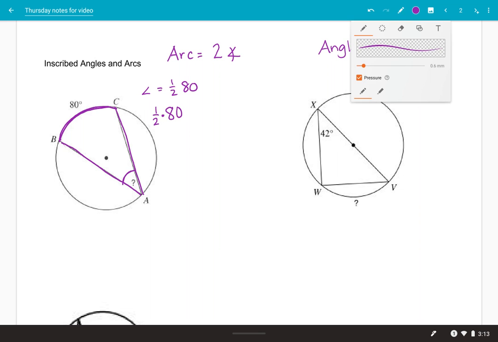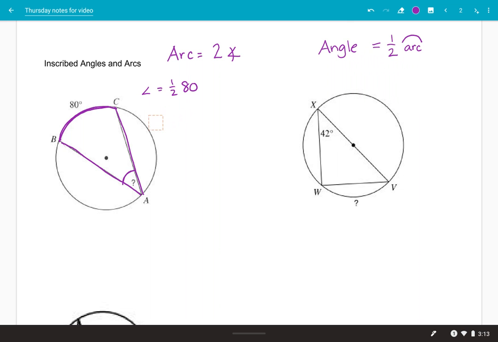Let me erase that other one. Just different ways to do it, depending on which one you like. And our angle is going to be 40 degrees. If you plugged it into the first equation, which I was trying to do, our arc is 80, 2 times our angle, you could divide by 2, and it still will give you the same thing, depending on how you like to write it.